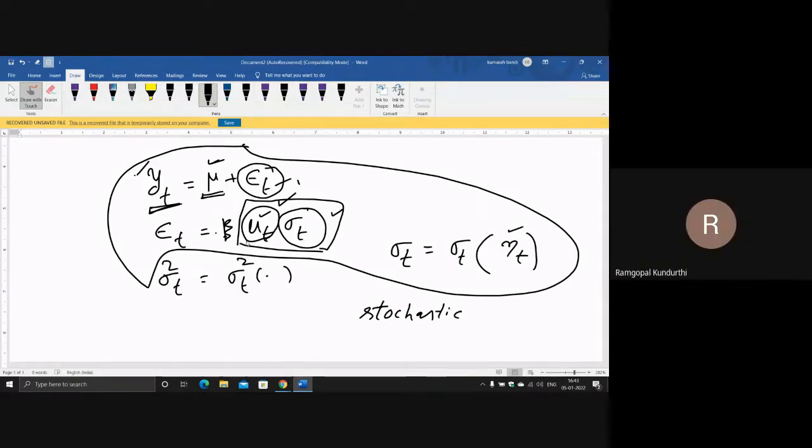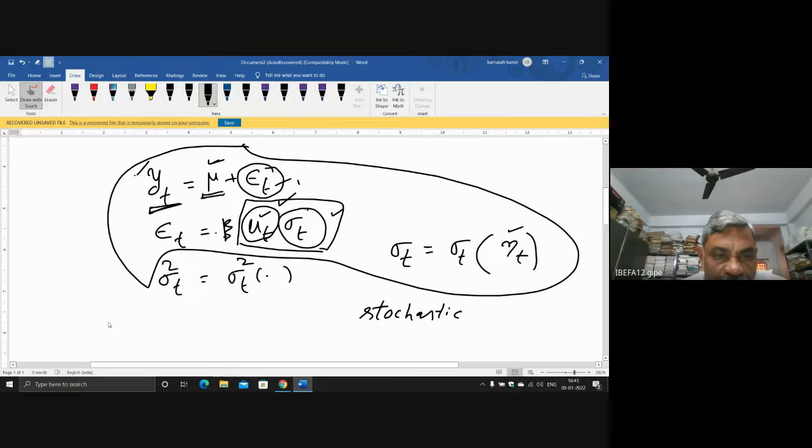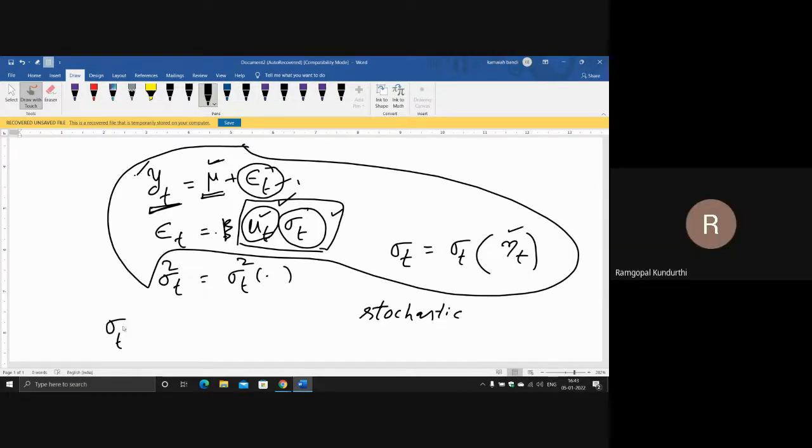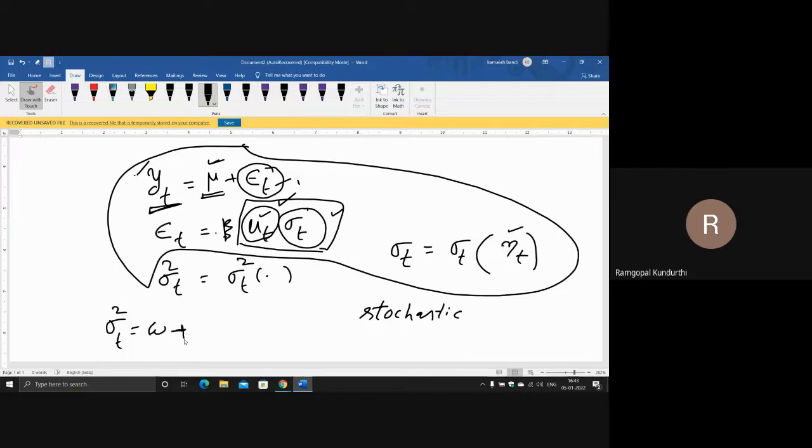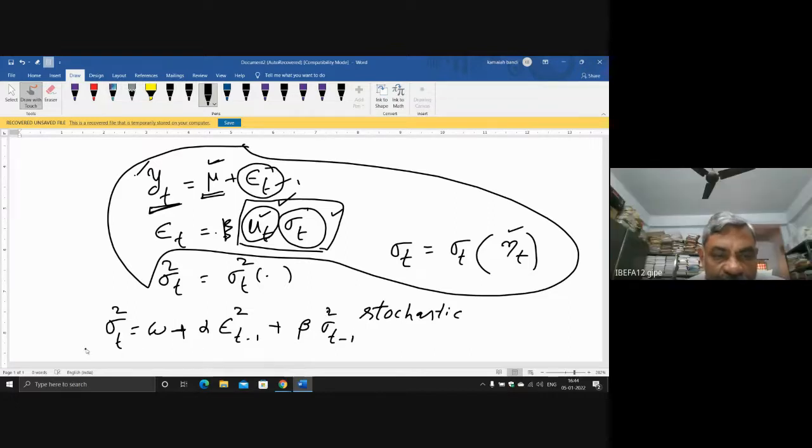My query was, sir, how do you differentiate between alpha and beta in the GARCH formulation? You mean in the conditional variance equation? Yes. When you say sigma square t is alpha times epsilon t minus 1 squared and beta times variance t minus 1, let us take this as the standard thing to clarify your doubt.